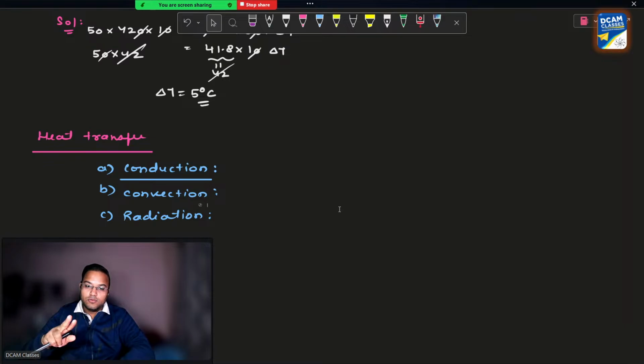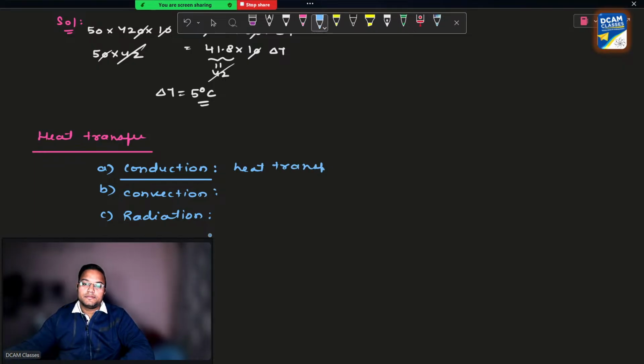Means when two bodies are in contact, or we transfer heat through a solid body, that process is known as conduction. Heat transfer through solids.